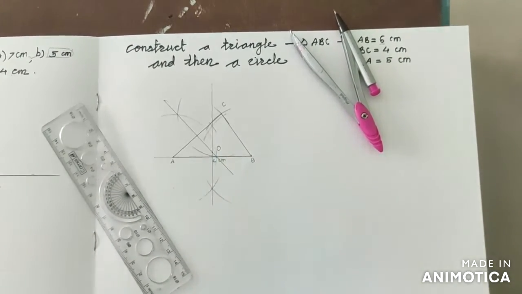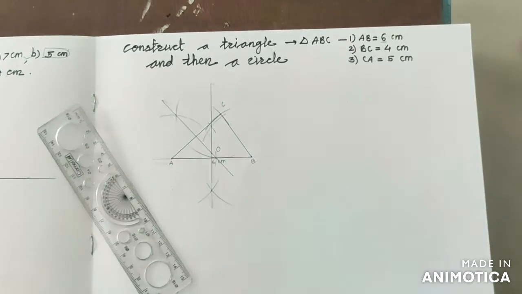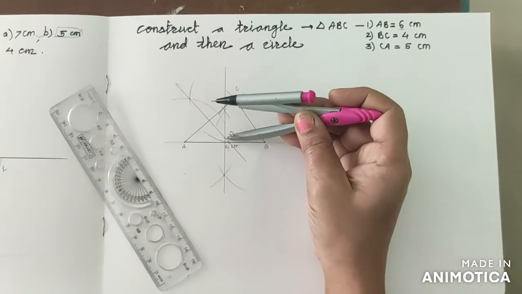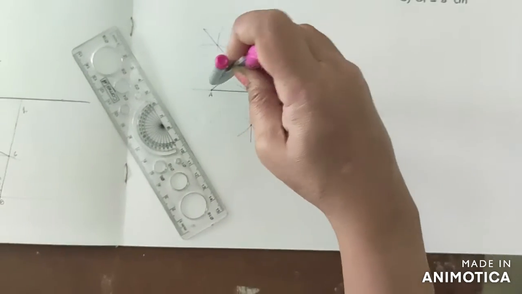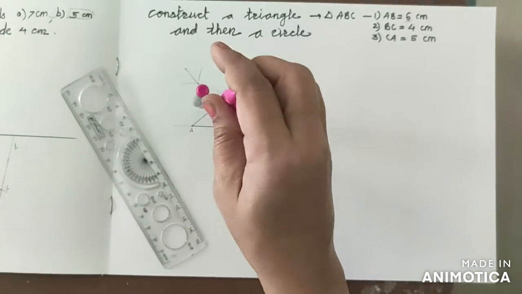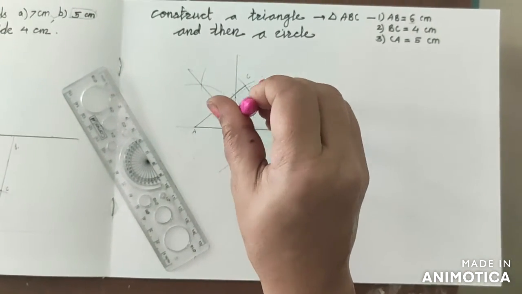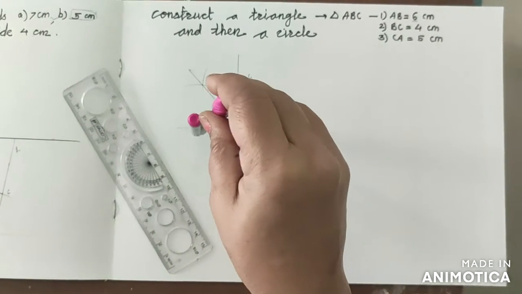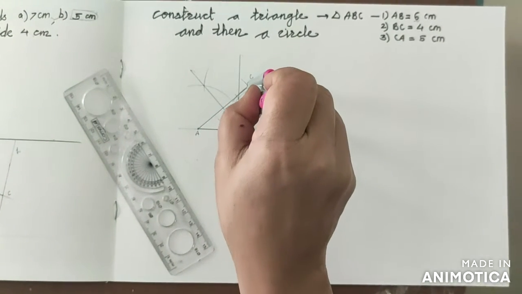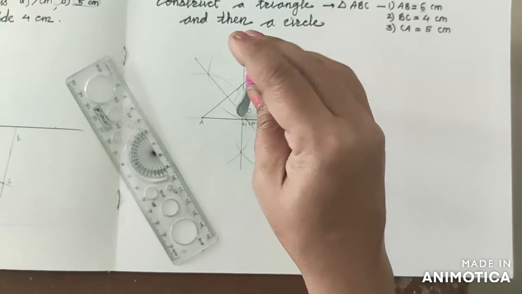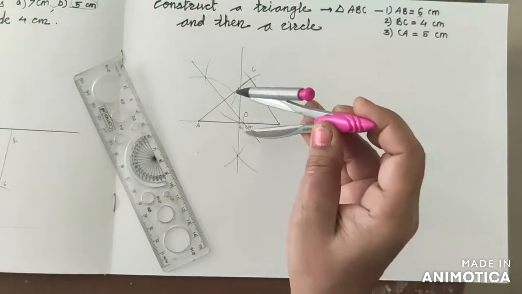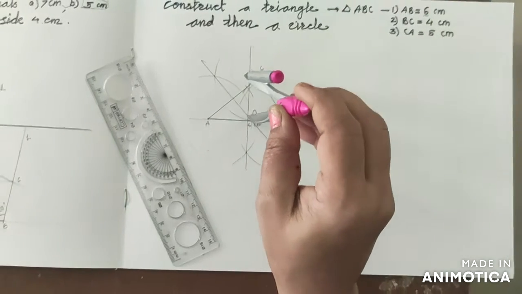Give the name O. Okay, and when we take O up to A, check it out first.